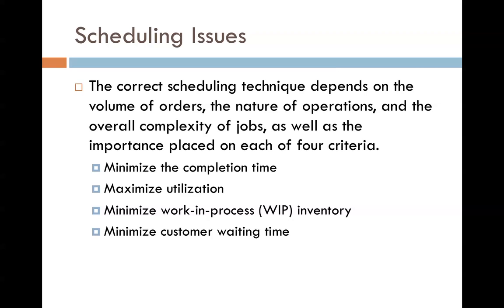The relationship between the number of jobs in the system and WIP inventory will be high. Therefore, the fewer the number of jobs that are in the system, the lower the inventory. And fourth, minimize customer waiting time. This is evaluated by determining the average number of late days.